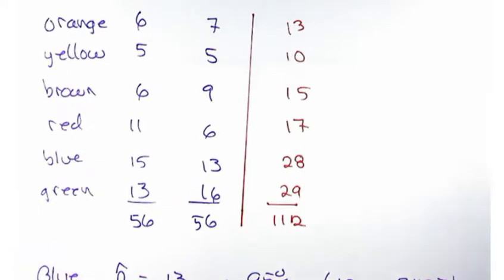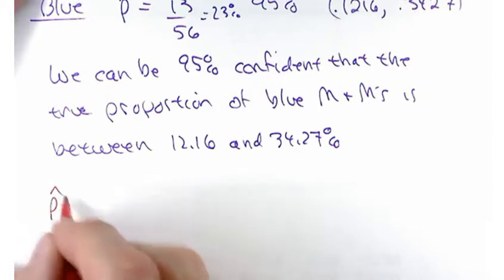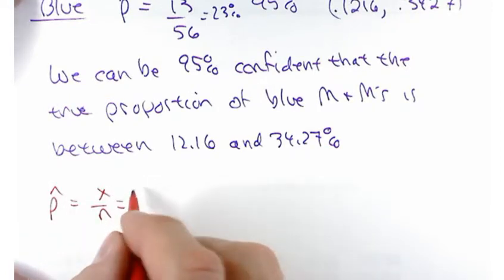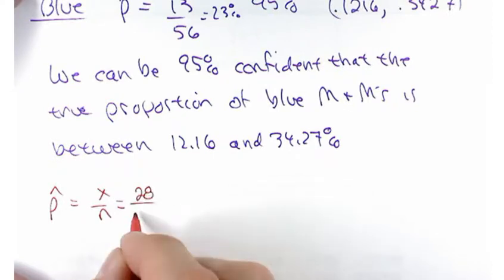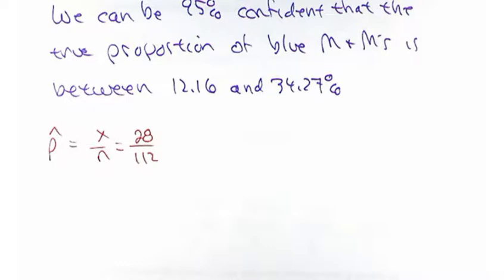Well, let's see. So we've got a new x and a new n. So p hat is going to be x over n, which is going to be 28 over 112. Let's run through the numbers here and see what difference that makes.